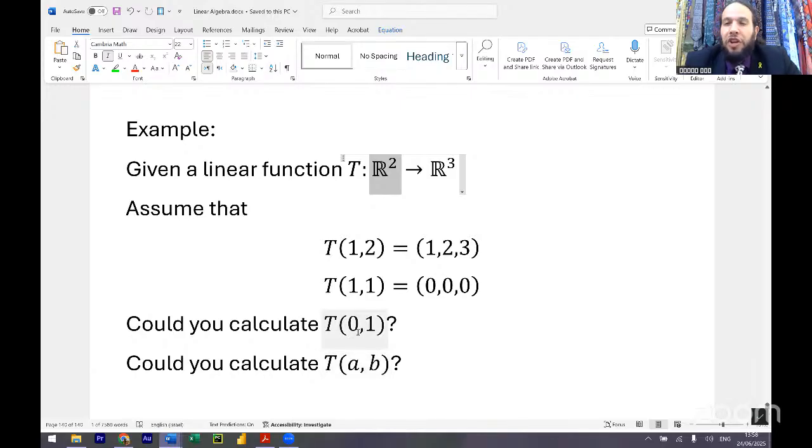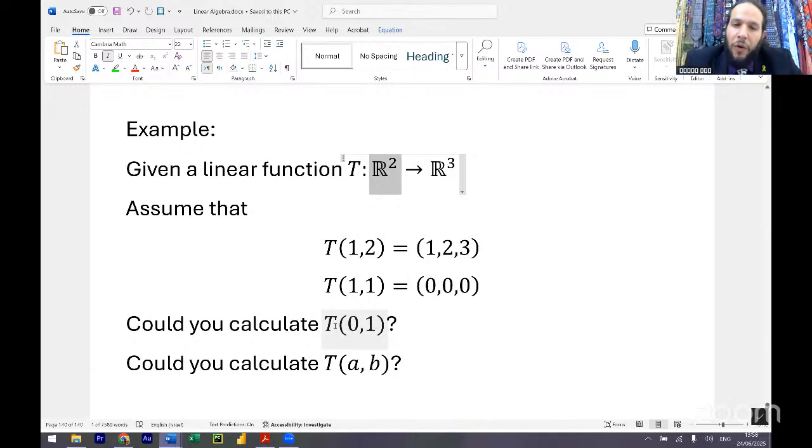If it was a general function, the answer would obviously be no. The fact that (1, 2) goes here says nothing about (0, 1). But because it's a linear transformation, it might be that you will be able to calculate these things.